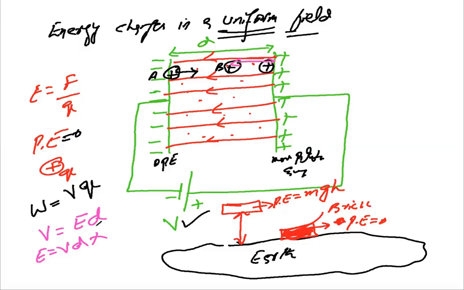If you decrease the d value, then the electric field between these two plates will increase. E will be equal to V divided by d. So if d decreases, then E will increase and your voltage will also increase. And if you draw the graph, then the graph will be like this.